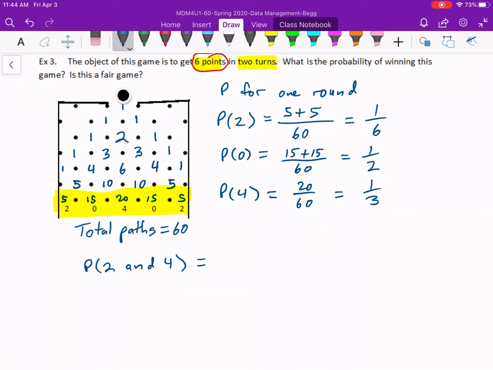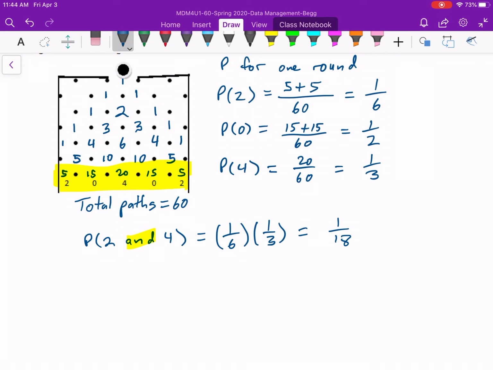Well, we've seen the probability of getting a 2 is 1/6. The probability of getting a 4 is 1/3. And we have to get both of them, right? It's 2 and 4. And we know that and means multiply. So 1/6 times 1/3 equals 1/18.